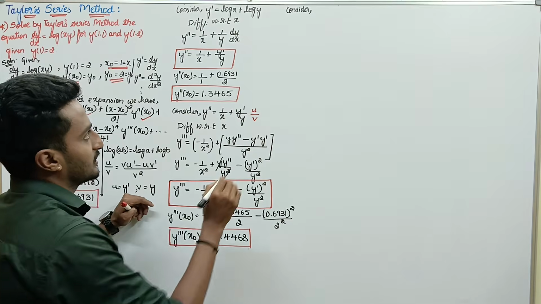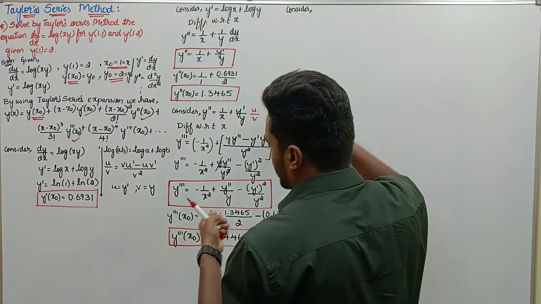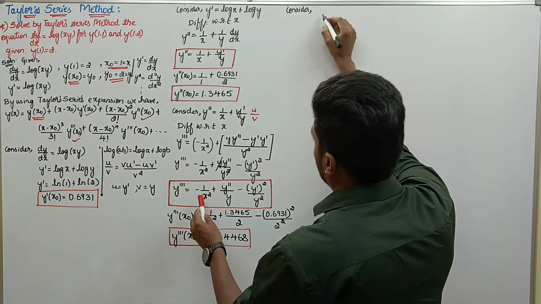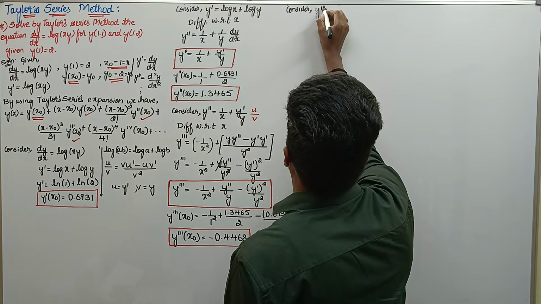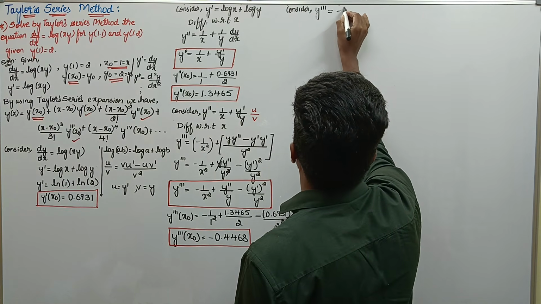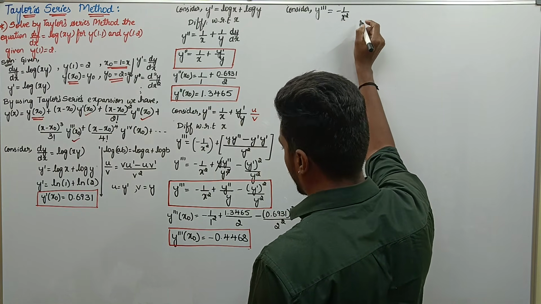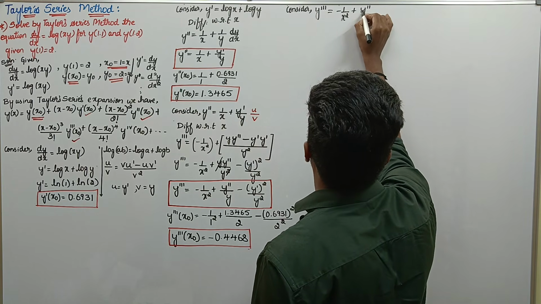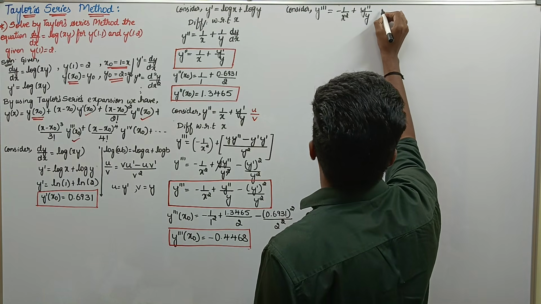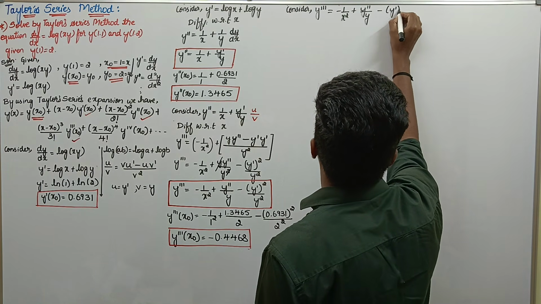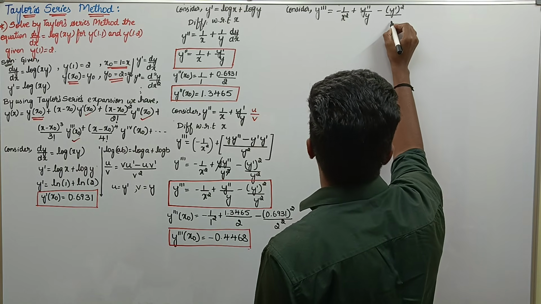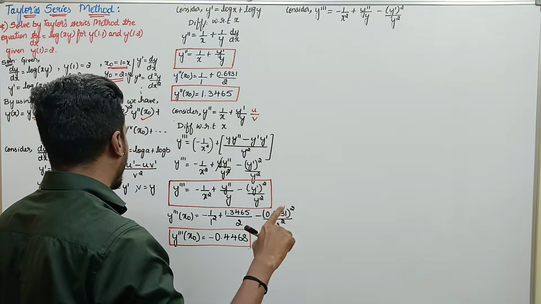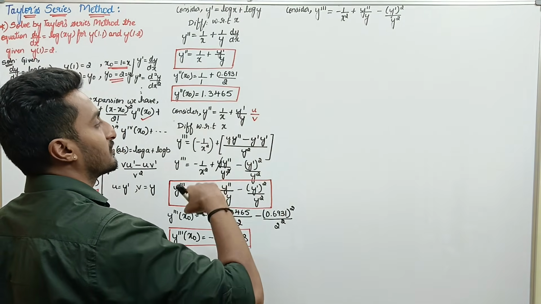I need to consider y triple dash, which is equal to minus 1 by x square plus y double dash divided by y, minus y dash whole square divided by y square. Got the point? Now again, applying u by v rule only, we are going to simplify the condition.